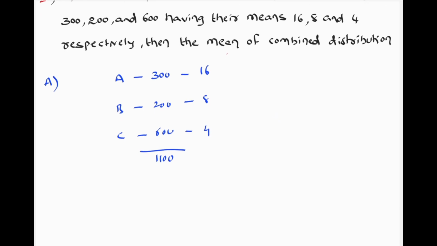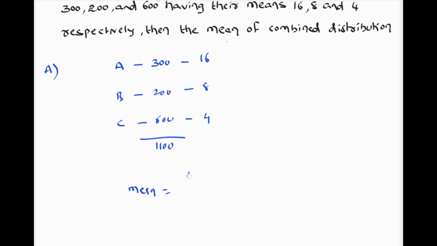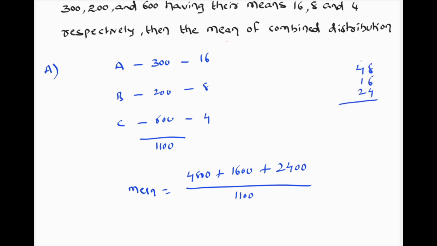Now we have to find the mean of the combined distribution. So mean will be 16 into 300, 4800, plus 200 into 8, 1600, plus 2400, by the total frequency, 1100.